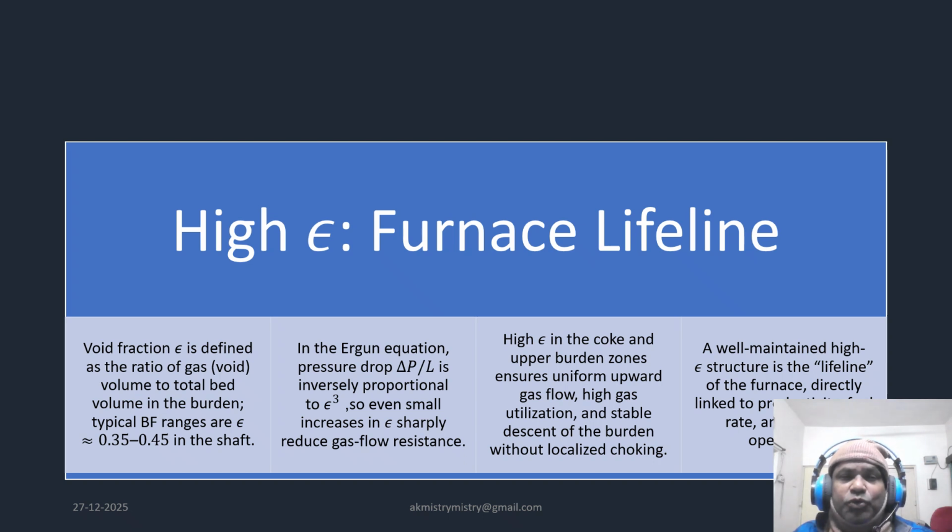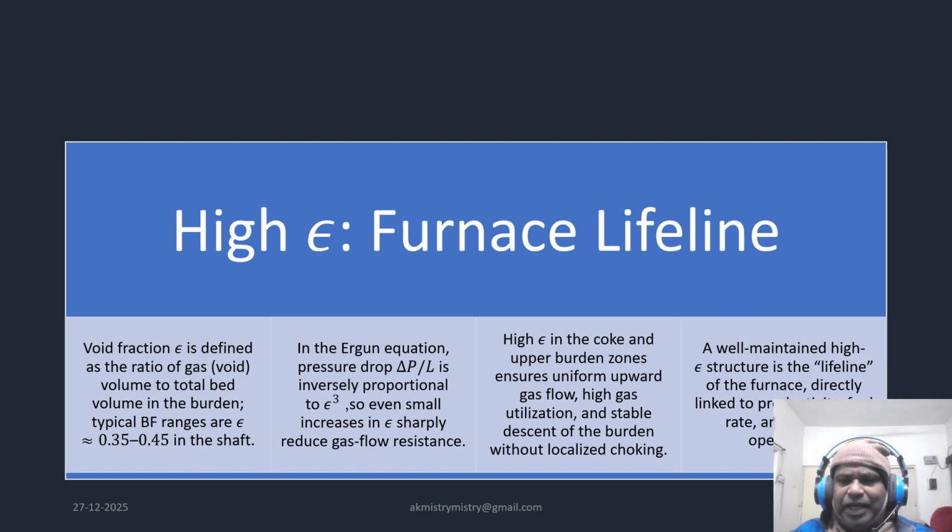This means if we can keep epsilon a little higher, say 0.42 instead of 0.36, the gas sees much less resistance and the furnace breathes easily and comfortably. In practical terms, a high epsilon is a lifeline. It supports uniform gas flow, better gas utilization, and a smooth, predictable descent of the burden without sudden sticking or slipping, and all this leads to a longer campaign life of the furnace.